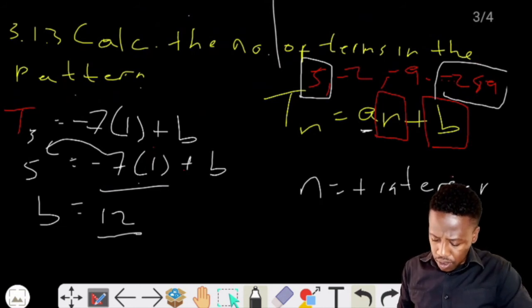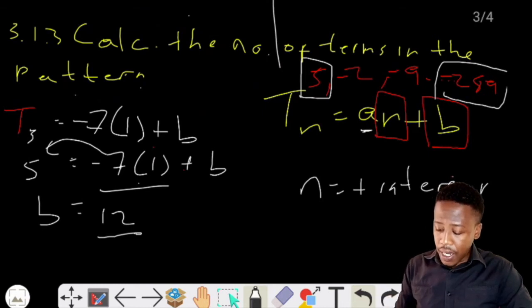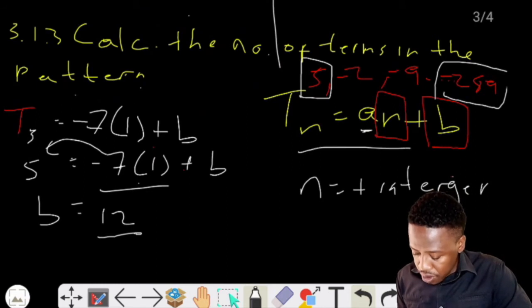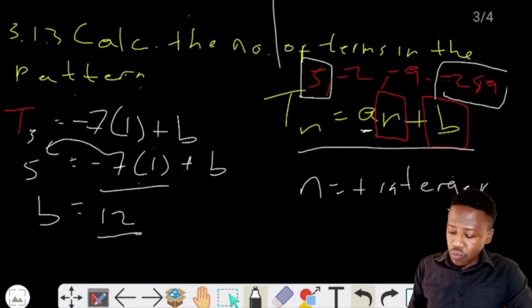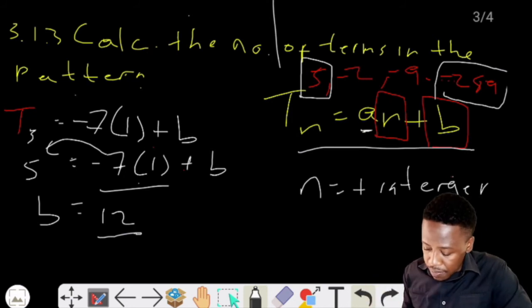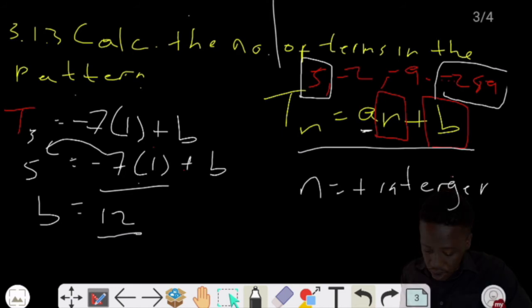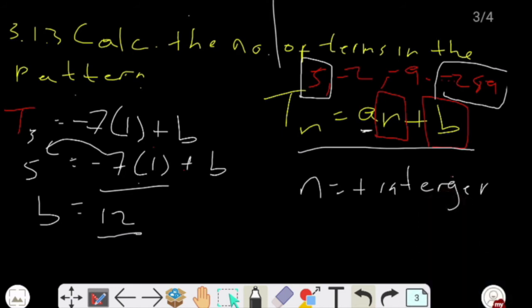moving on. Let me continue on the question that says you must calculate the number of terms. You are given a formula, so it makes our lives a bit easier. We don't have to count each and every term all the way to -189; we can just quickly use our formula. Remember, we found b to be 12.